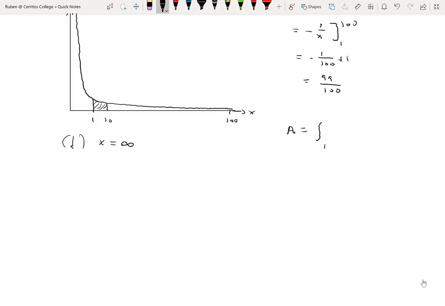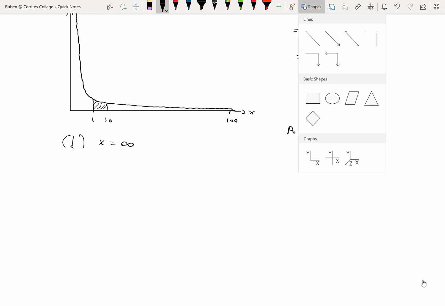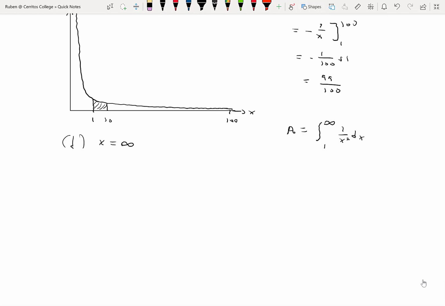The area then is the integral from 1, and we're going to allow ourselves to put in the symbol infinity here for the upper limit of integration, even though infinity is not a number. And the integral is of 1 over x squared with respect to x. The way we're going to handle this problem where the upper limit is not a number is to replace the upper limit with a distinct value, and not infinity.